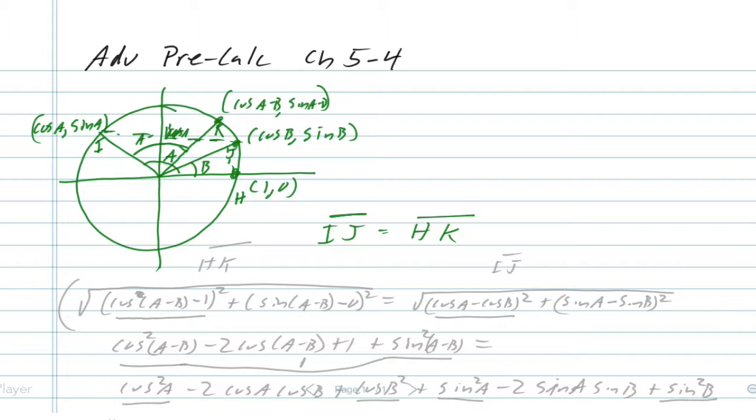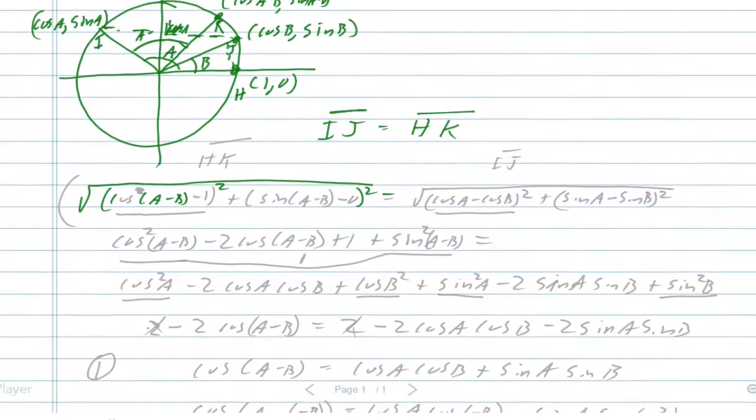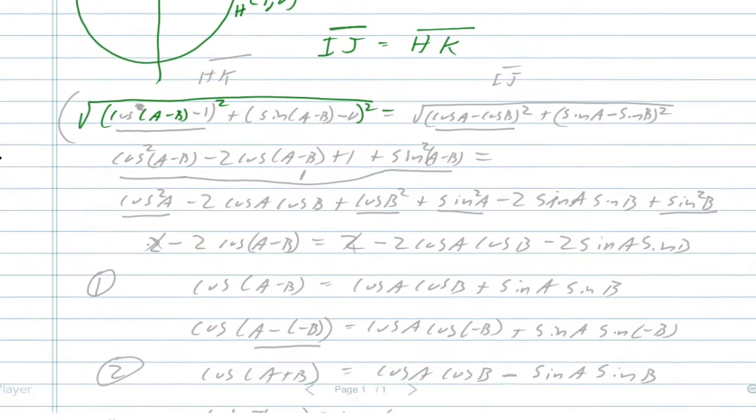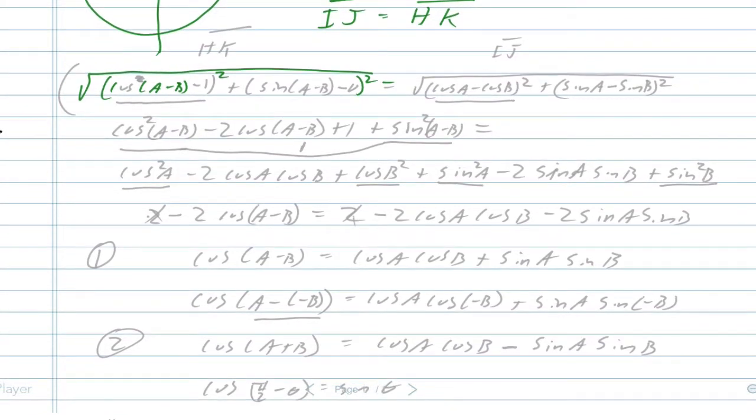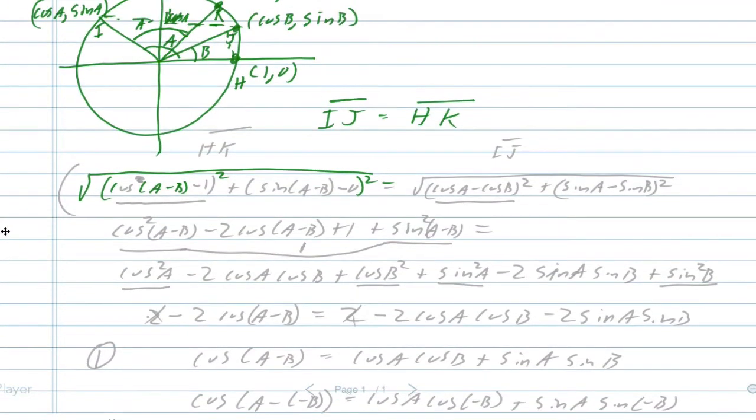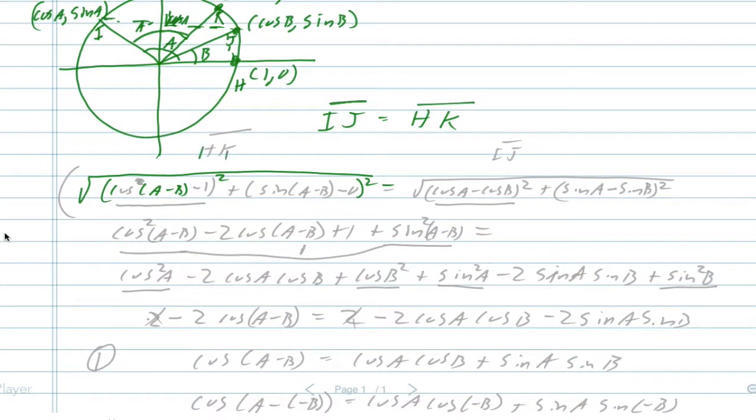And what we're going to do now, since those chords have to be the same length because the radius is the same and the central angle is the same, we can use the distance formula. The distance is the square root of the difference in the x's squared plus the difference in the y's squared. So I'm actually going to do HK on this side.